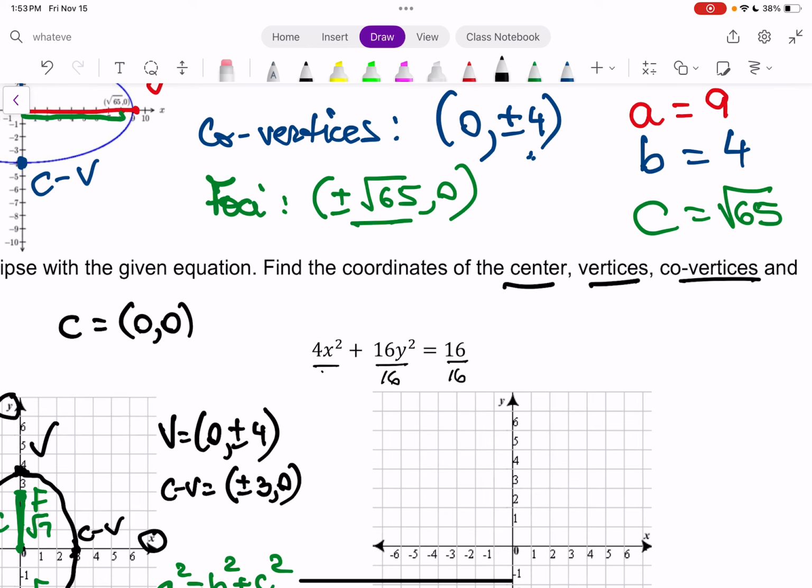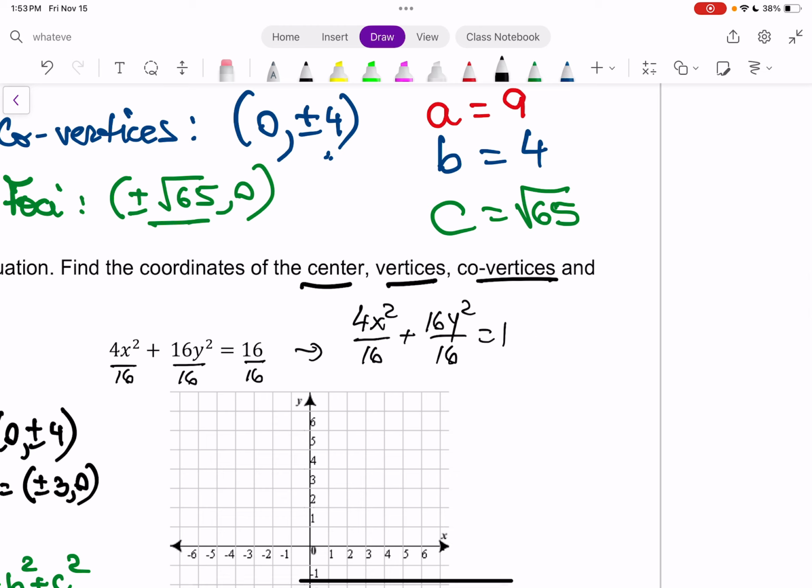We're going to divide everything by 16. And of course I can reduce these fractions even more. 4 and 16 reduce and leave you with a 4 at the bottom. 16 and 16 reduce and leave you with a 1 at the bottom. So there you have it.